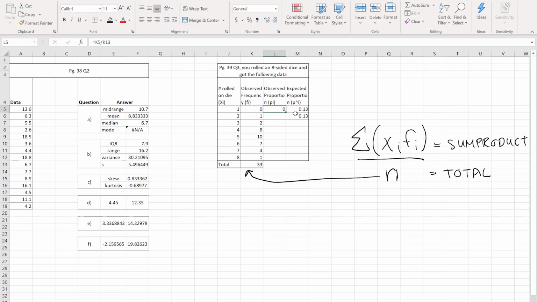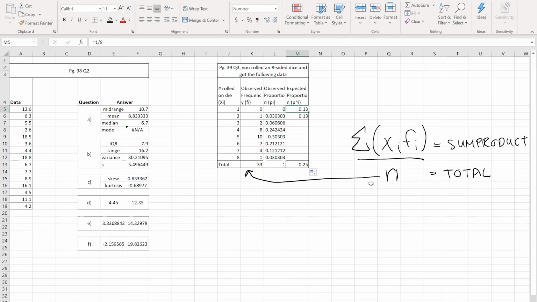And remember, if we want to drag that down, it makes the most sense to just anchor the total so that we can do that easier. I didn't include it here, but I should have: if we find the sum of these, they should also equal 1. Our proportions should always sum to 1 for both of these.